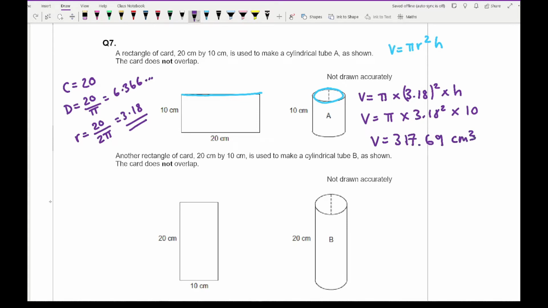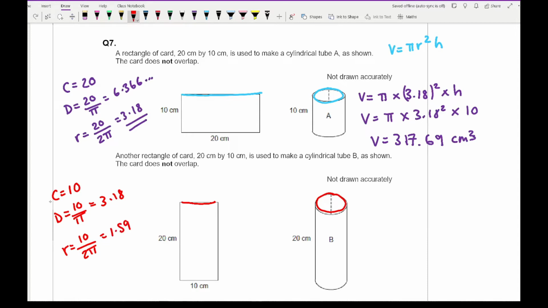So then working out the volume of this, again, the circumference of this cylinder is going to be 10, so C equals 10. So the diameter is going to be 10 divided by pi, so the radius then is going to be 10 over 2 pi. But again, working that out, 10 divided by pi, if you wanted to work with decimals, is 3.18, and then dividing that by 2, we get 1.59.